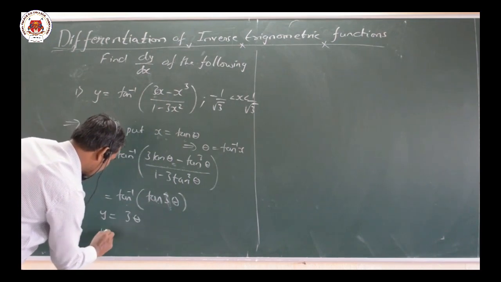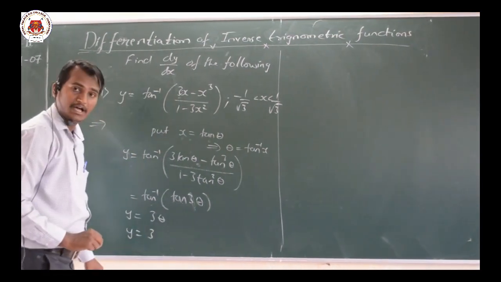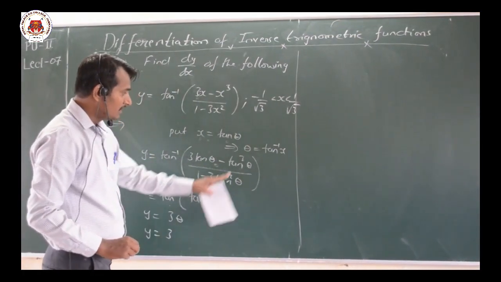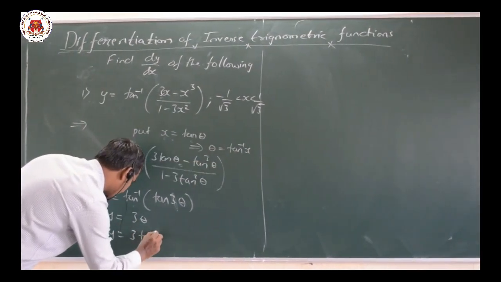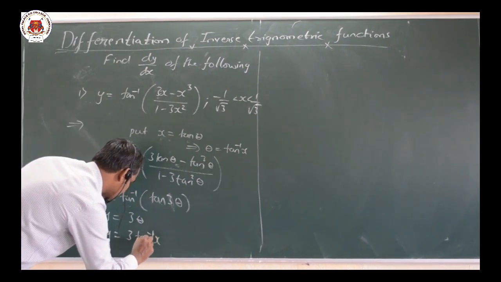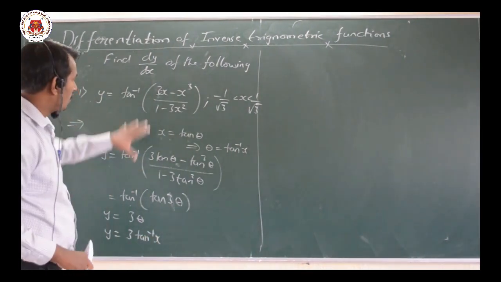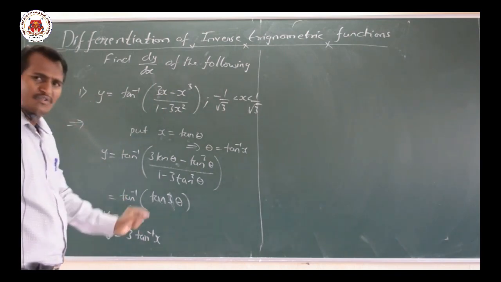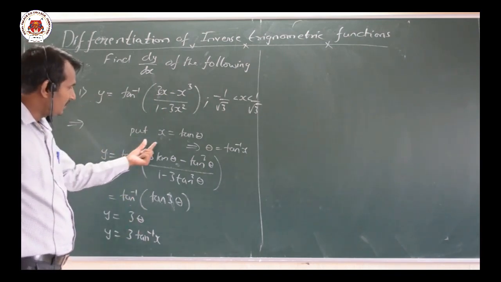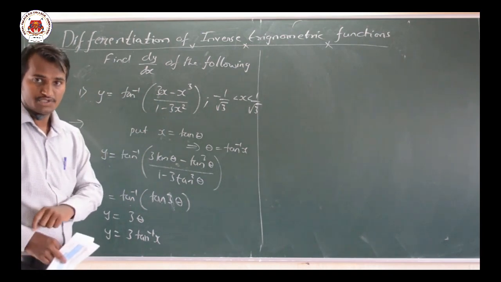Therefore y equal to 3 into theta. Theta we just saw is tan inverse of x, so y equals 3 tan inverse of x. We can observe that a very complex problem has been converted into the simplest form by making use of just one single substitution.